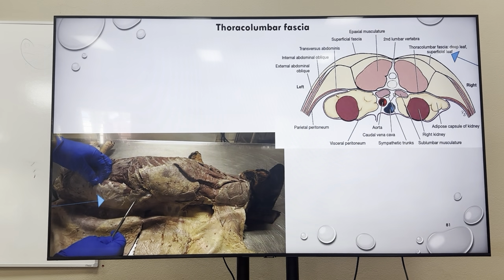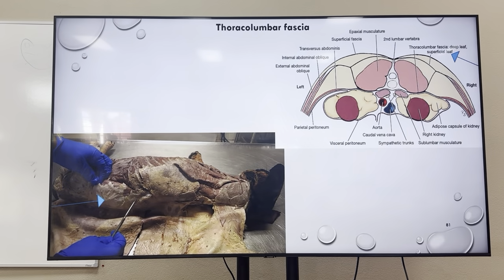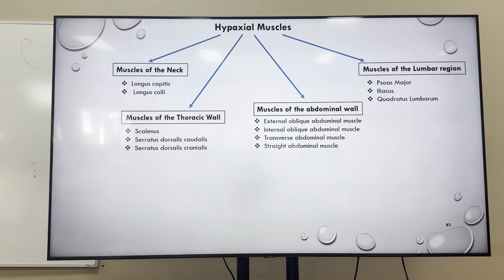So the thoracolumbar fascia. We have talked about thoracolumbar fascia before, so whatever we said then is exactly what we are still saying here. We have superficial and deep, and we are going to come across some of them again as we progress.